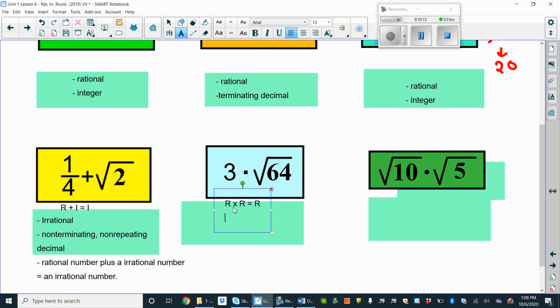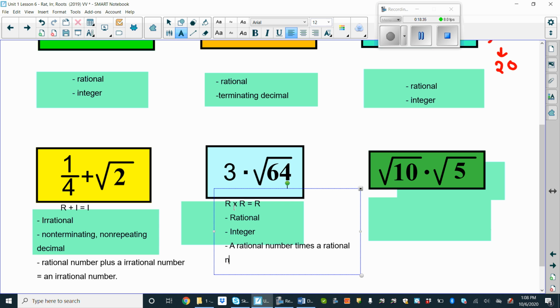So this is a rational number because if you type it into your calculator, 3 times the square root of 64 is 24, and 24 is an integer. Or again, you can just say a rational number times a rational number equals a rational number.